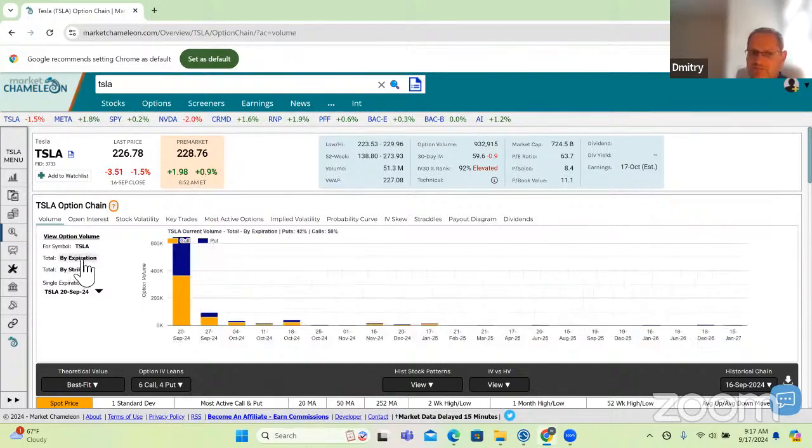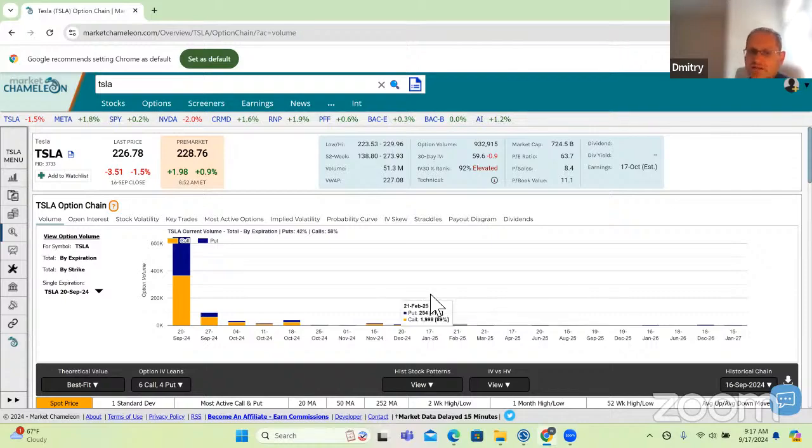So let's click on this and look at a distribution of volume by expiration. So click on that. And now you could see down here, these are the different options expirations available. September 20th, September 27th, October 4th. And visually, it indicates that most of that volume appears to be on the September 20th expiration, the very nearest term expiration.